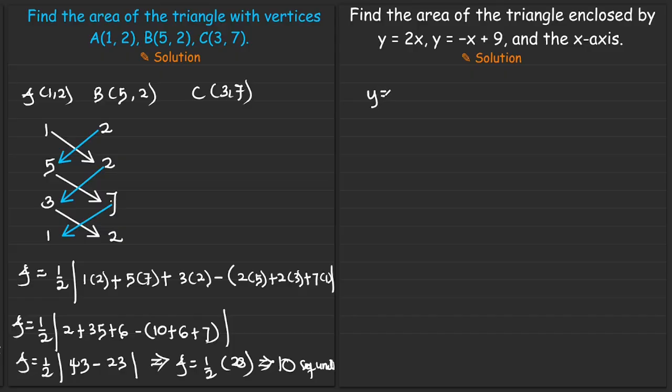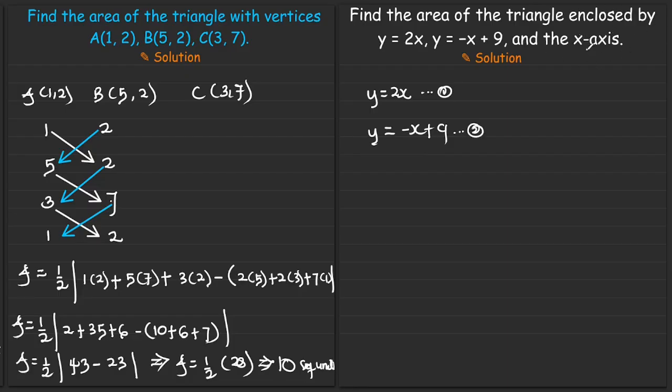We have y equals 2x, that is equation 1. Then we have y equals negative x plus 9. That is equation 2. And then the x-axis.